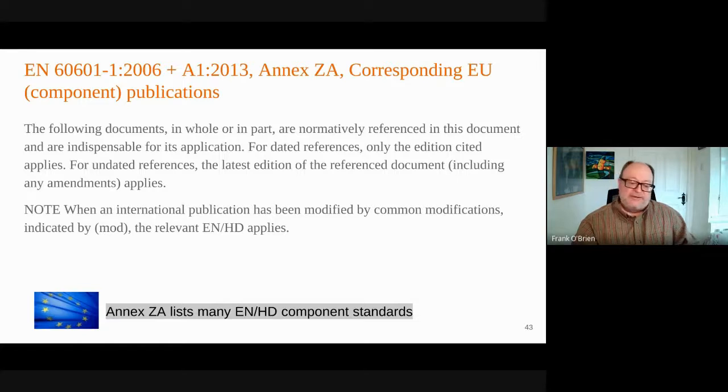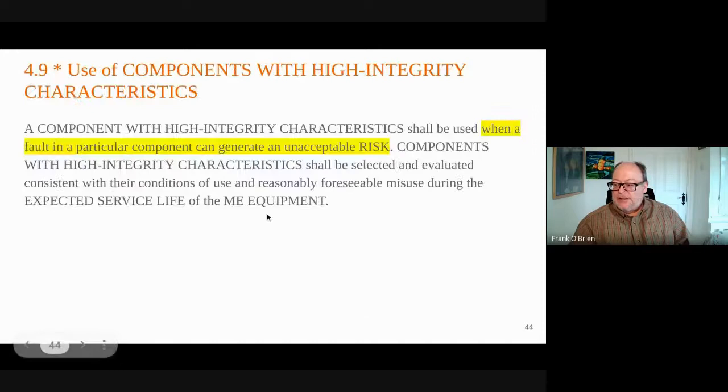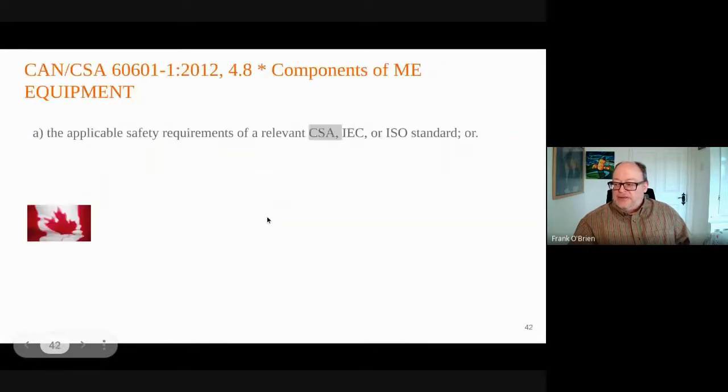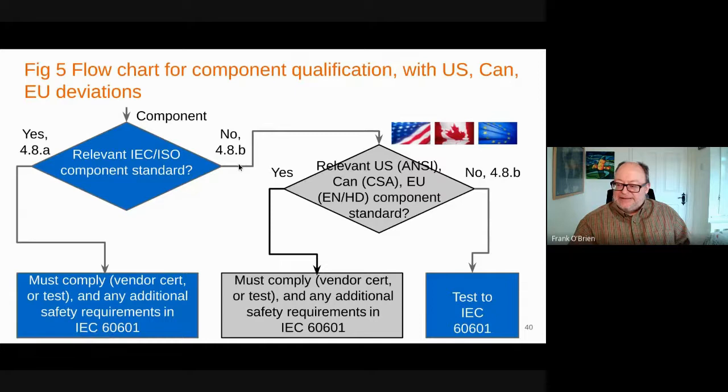So there's a big list of component standards in Europe. And this is the text that introduces ZA: the following documents, in whole or in part, are normatively referenced. Okay, normatively means it's required. So the idea is if there's a national version, you're going to meet it. Within these three jurisdictions, if that's your market, you need to consider the gray part normative.